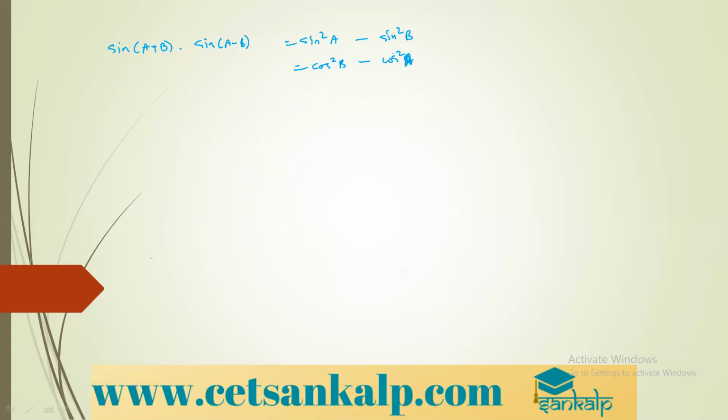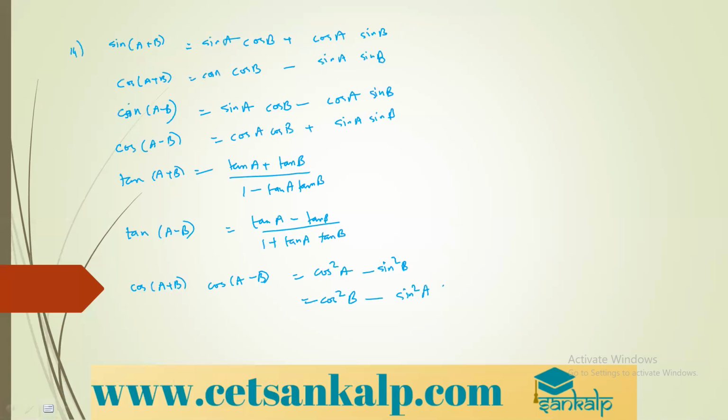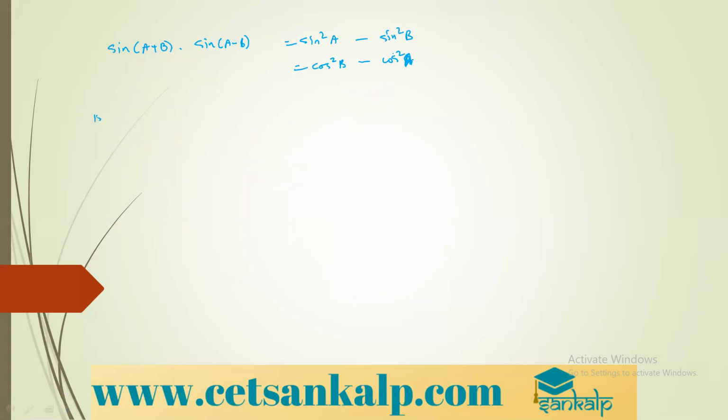Then next is, there are some values which we can note down. Cos 75 degrees is root 3 minus 1 by 2 root 2, which is equal to sine 15 degrees.